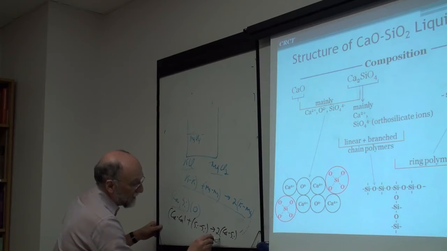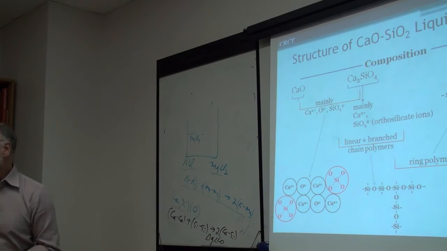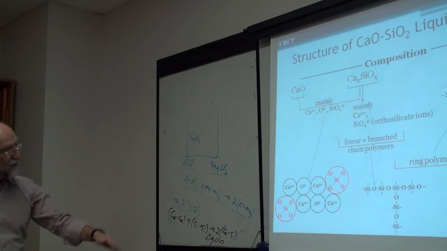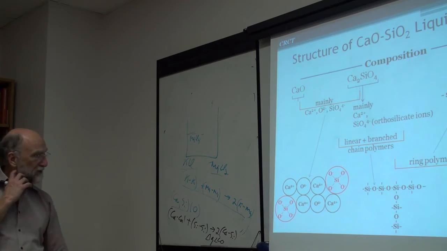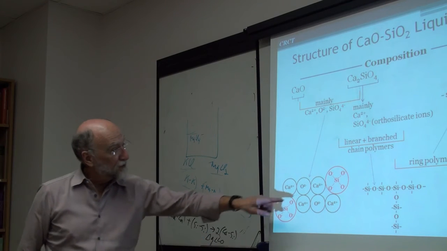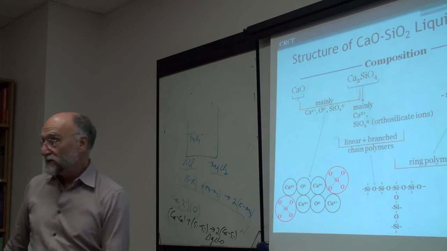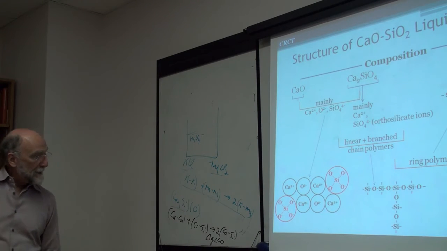The delta G is extremely negative for that reaction. Okay. And so in the basic region, the calcium-silicon bonds are simply these, calcium-silicon second nearest neighbors.